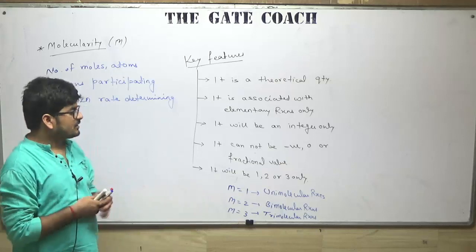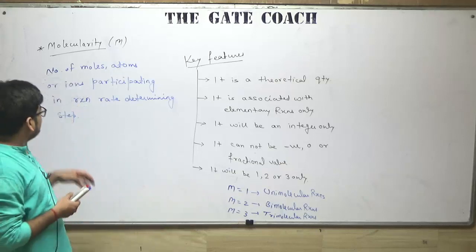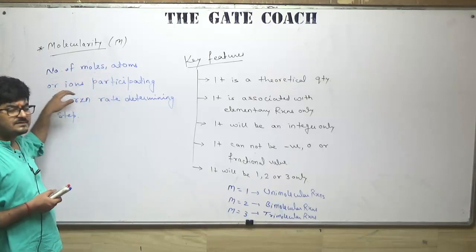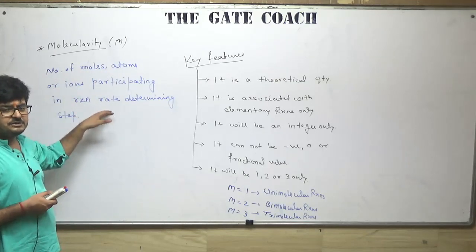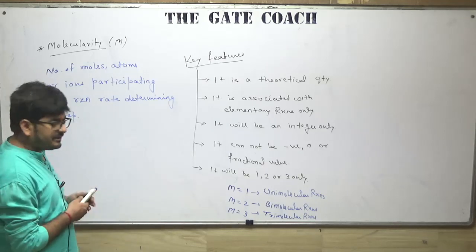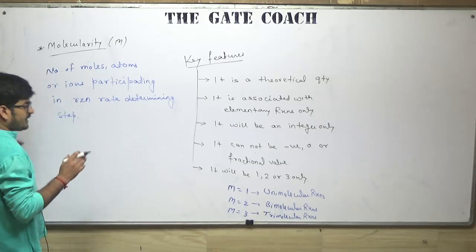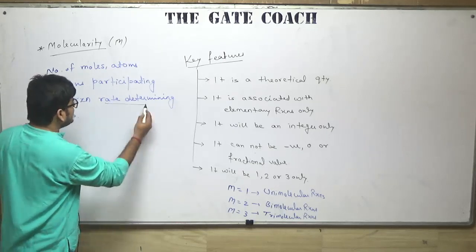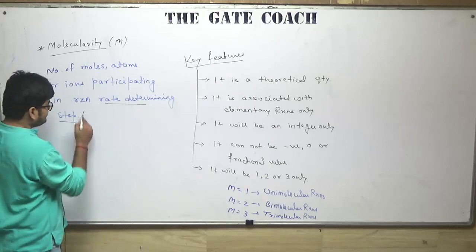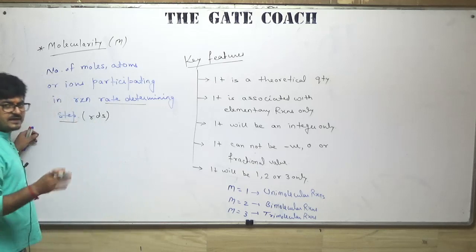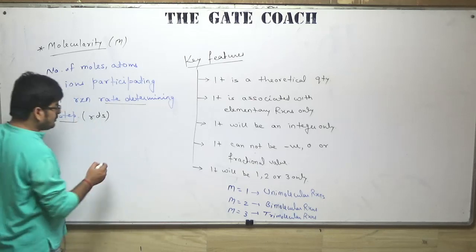So let's talk about the molecularity. Molecularity represents the number of molecules, atoms or ions participating in the reaction rate determining step. It is a theoretical quantity. Means for any chemical reaction, if you know the RDS, the rate determining step, then you don't need to perform any experiment, you can directly find out the molecularity.